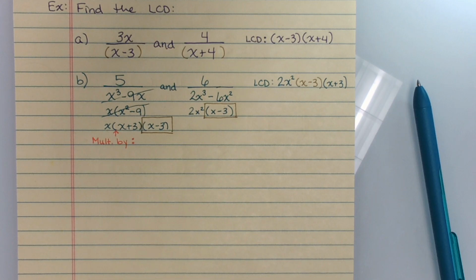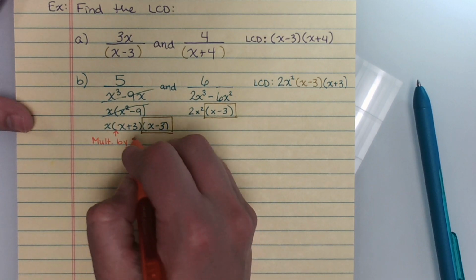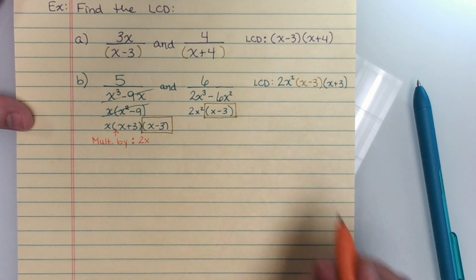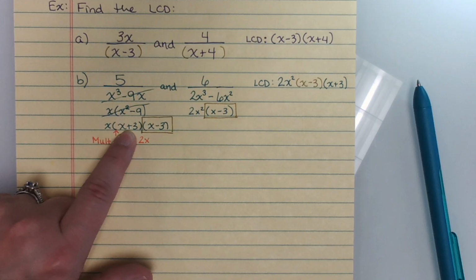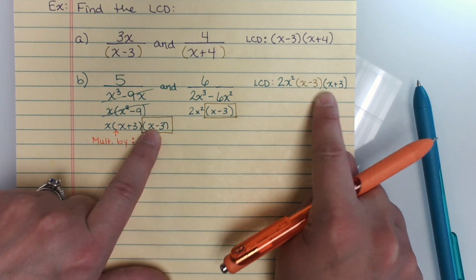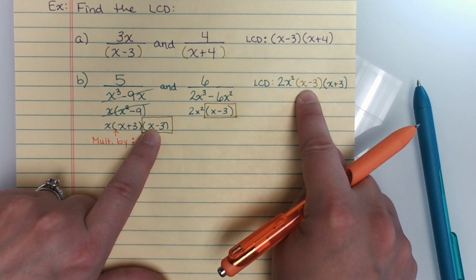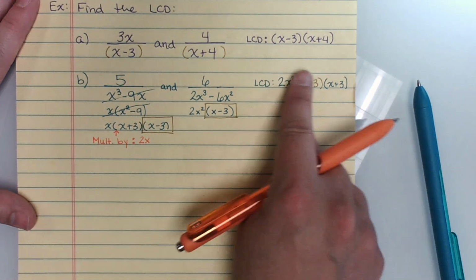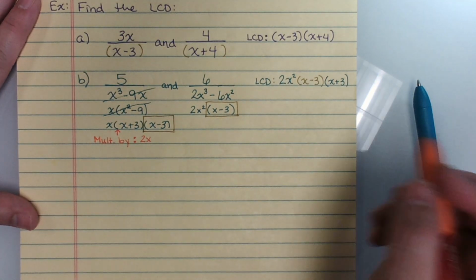How do I change an x to make it a 2x squared? Multiply by 2x. So that's that part. Now look at the binomials. This has an x plus 3. This has an x plus 3. Do I need any more x plus 3s? x minus 3, x minus 3. Do I need any more of those? Is there anything else over here that I don't have? No.